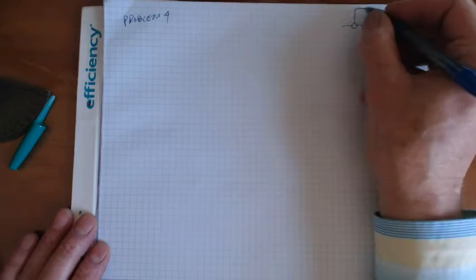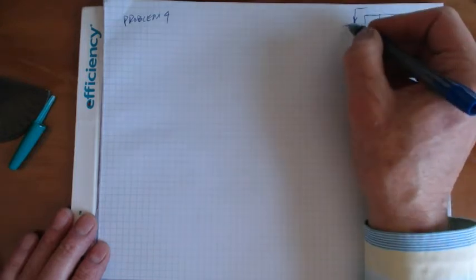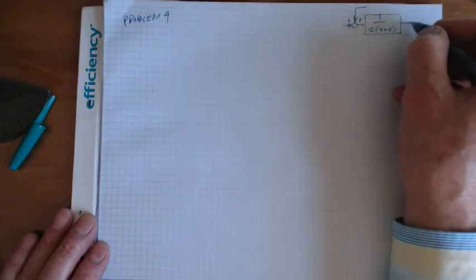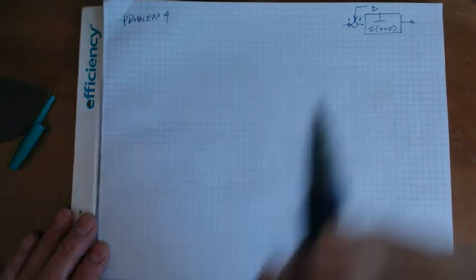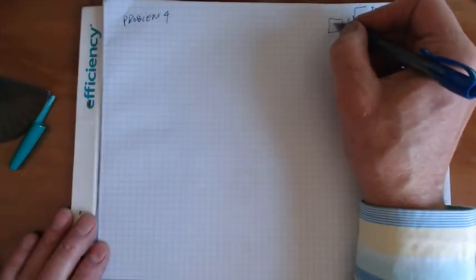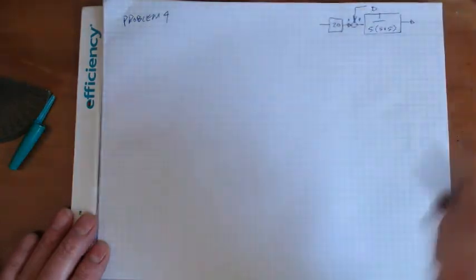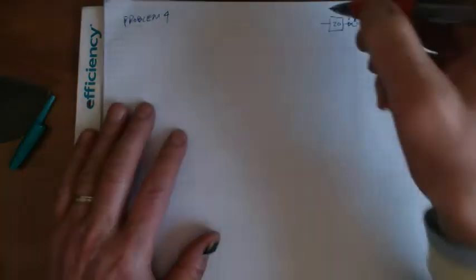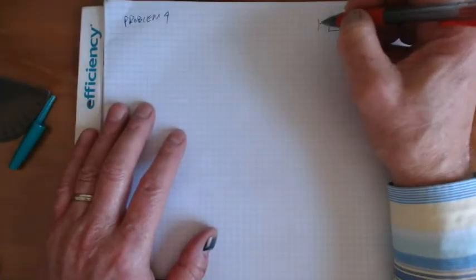There's a disturbance in here. In the end, we probably want to make sure that our disturbance rejection is okay too, right? So that's something that we'll probably want to take care of. And then here, this one has just another gain that's got something like a 20 in there or something. And so again, if we were going to be making a control system here, we're going to put a controller.